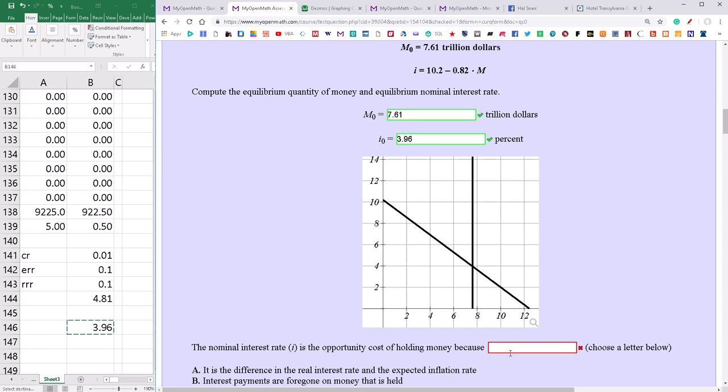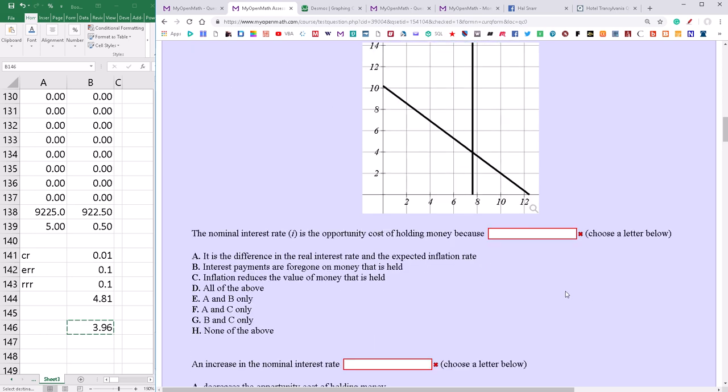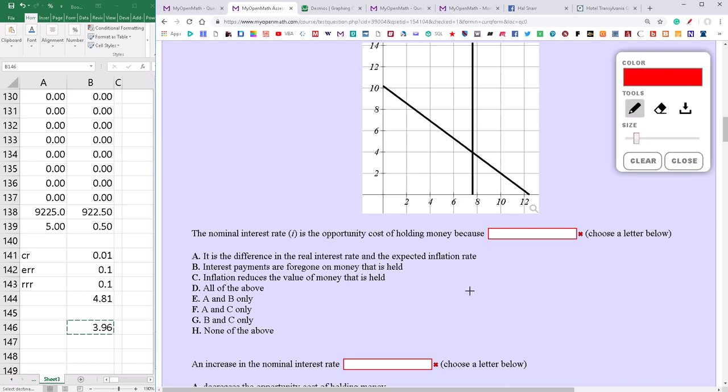So the nominal rate of interest is the opportunity cost of holding money. Well, let's just remember what the nominal rate of interest is. Nominal rate of interest is the real rate of interest plus expected inflation, right?